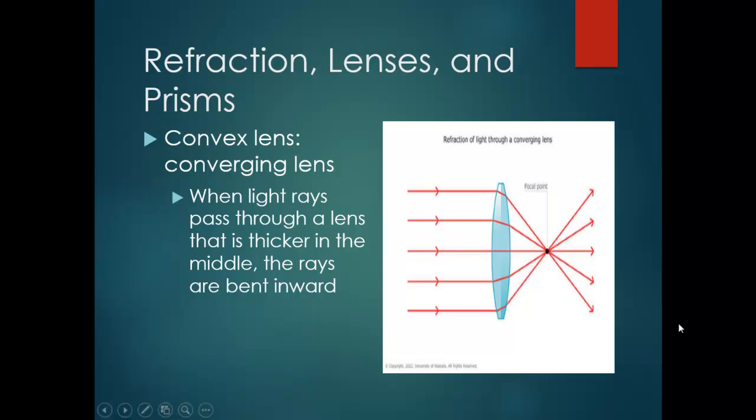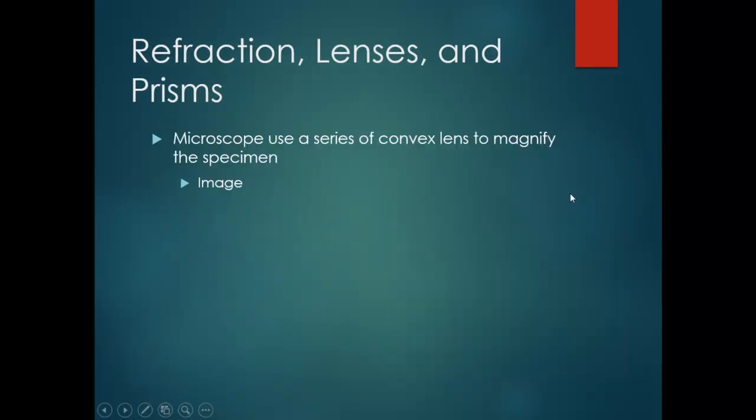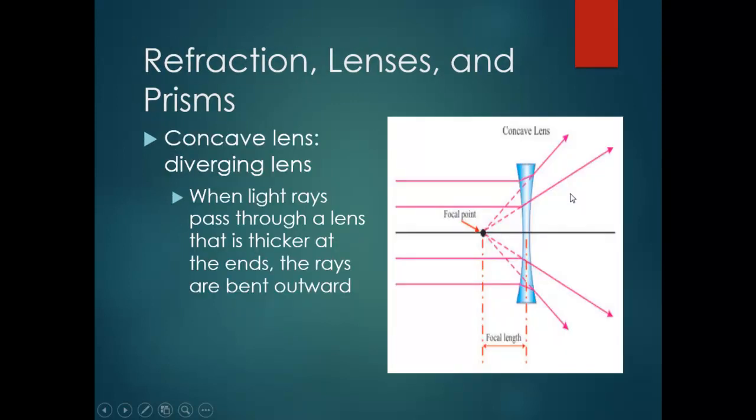A concave lens is a diverging lens. When light rays pass through a lens that is thicker at the two ends, the rays are bent outward. Did you see? When the light falls here, it makes the light diverge.